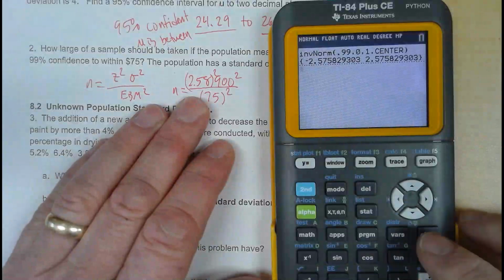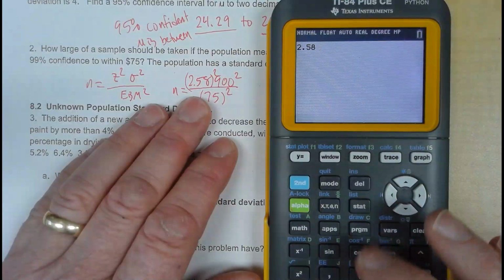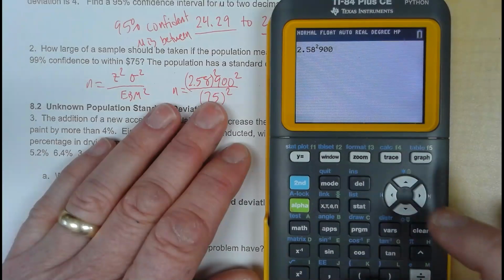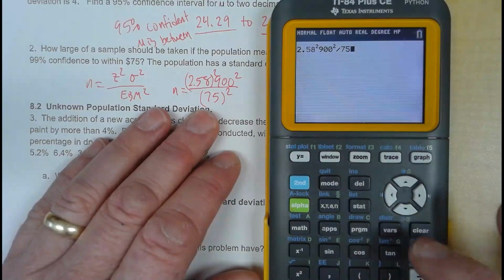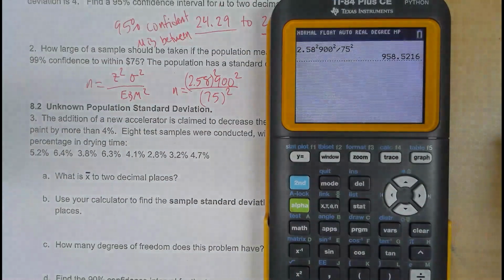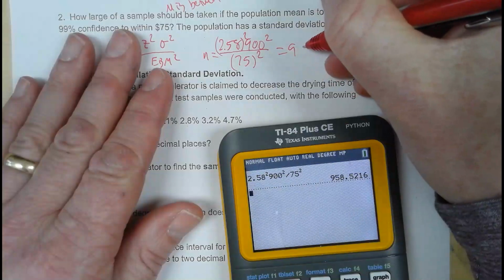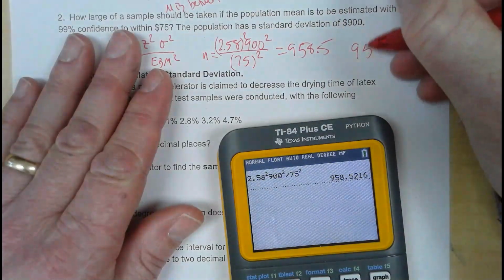All right, so 2.58 squared, and then we have times 900 squared, and then we're dividing it by 75 squared. So I got 958 and a half, and you should really go up to the next whole person.